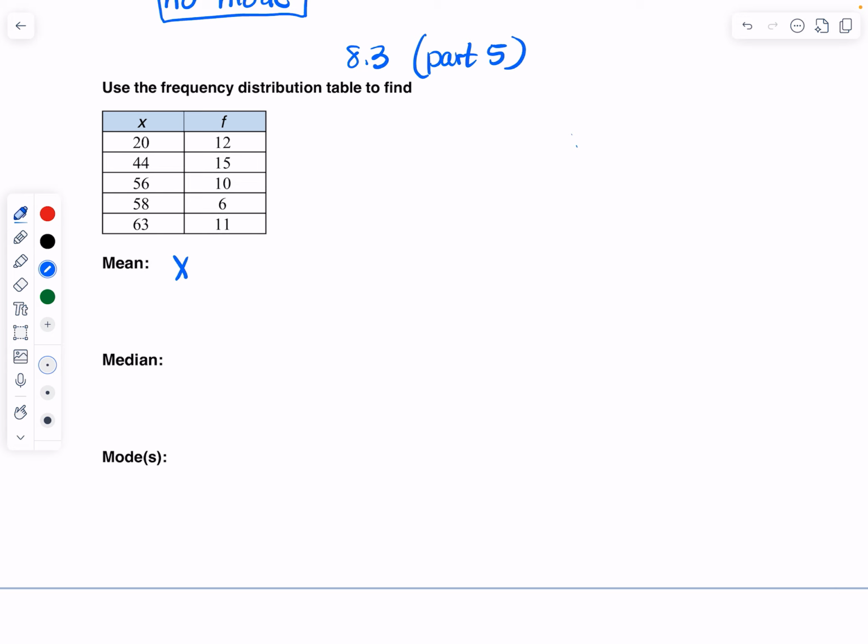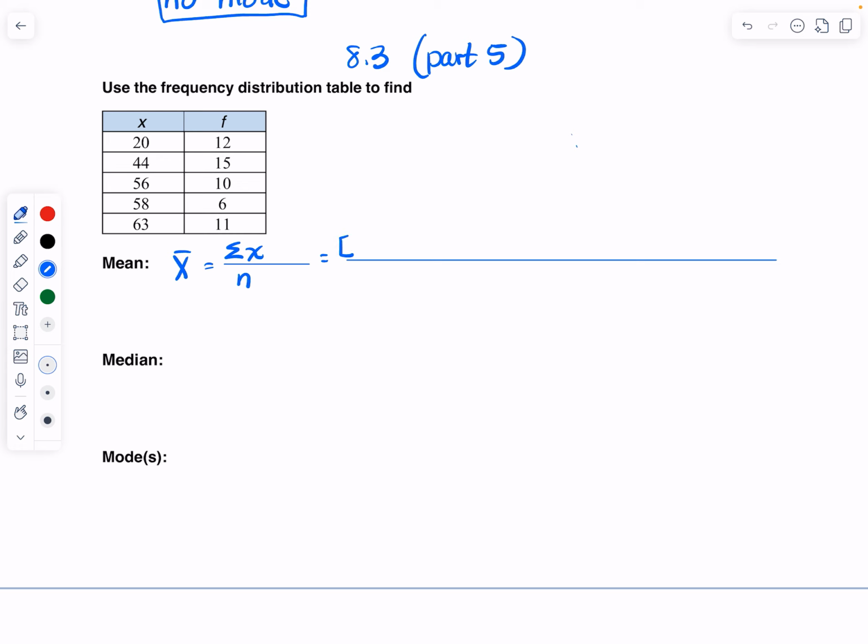The formula for that is x bar equals sigma x, which means to sum all my x values, all over the total number of x values. Okay, so let's go ahead and do this. This is a frequency table. I have duplicates of things.